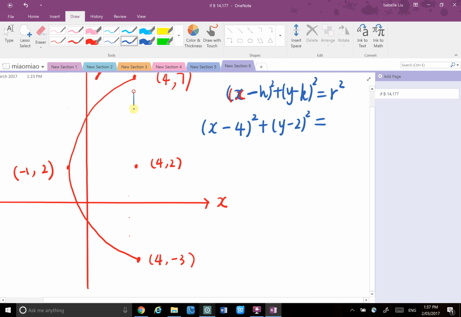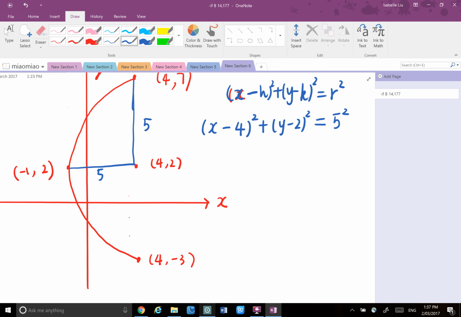So from here to here is the radius, and here to here is the radius as well. So it's 5 units. So the radius is 5, so that equals 5 squared. Okay, now you have a left-hand side semicircle.